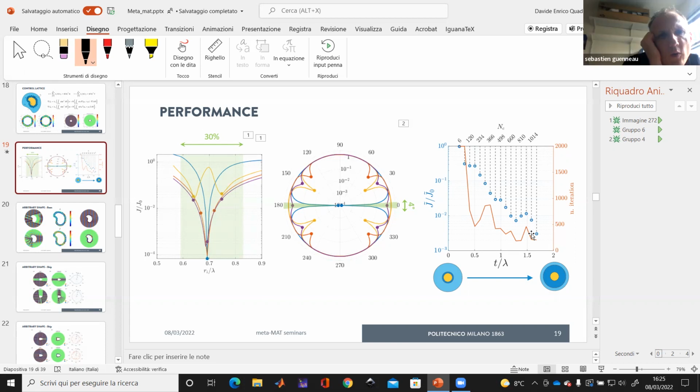And in fact, my question is, can you have a cloak which is deeply subwavelength? That's what we should check. We have not checked, because clearly you are even more in the homogenization regime. I have not looked into that yet, because the primary purpose was to consider also the microstructure feasibility constraints.